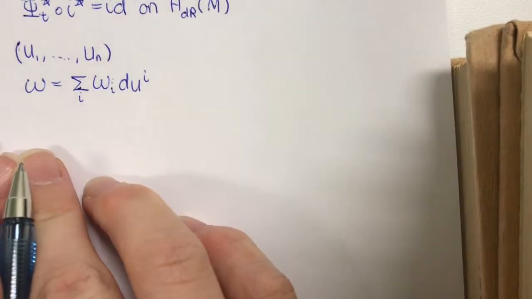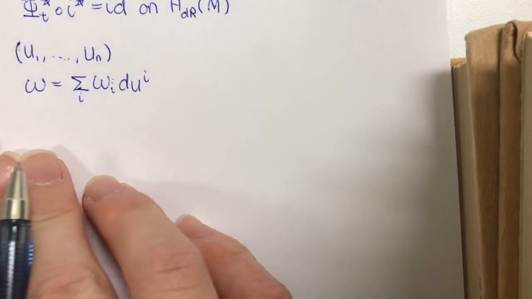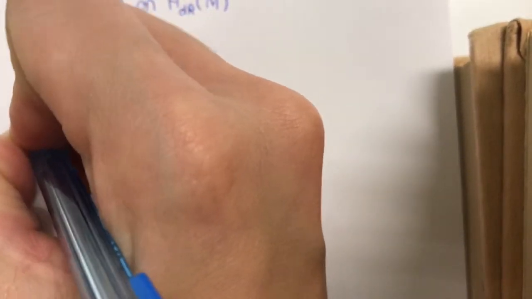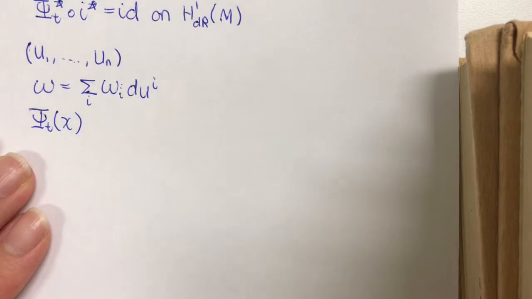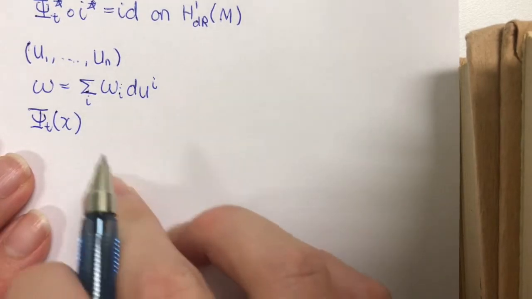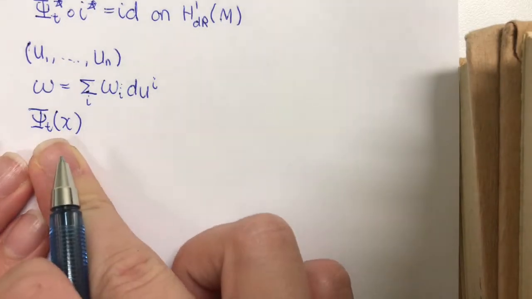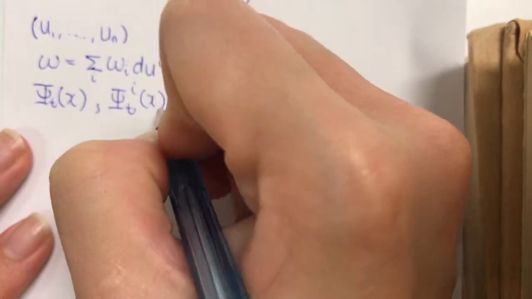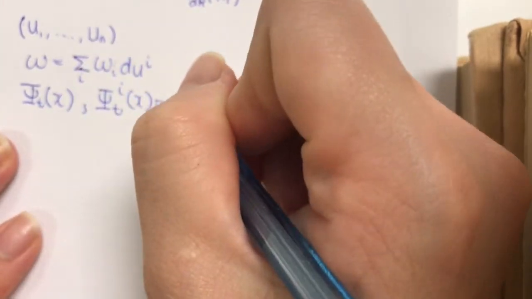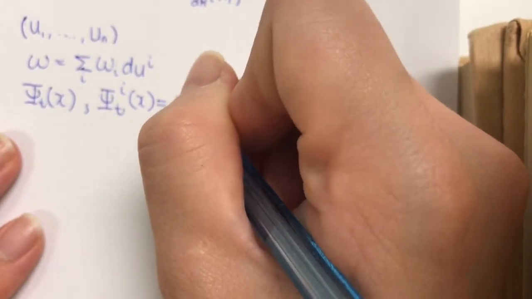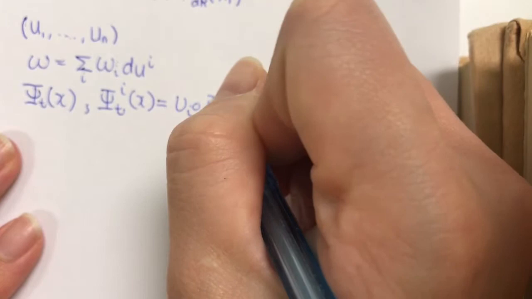So now we assume that the whole curve of psi t x can be covered by only one local coordinate chart. However, later we'll further generalize this case. Furthermore, we denote psi t i of x to be the u i coordinate of psi t.